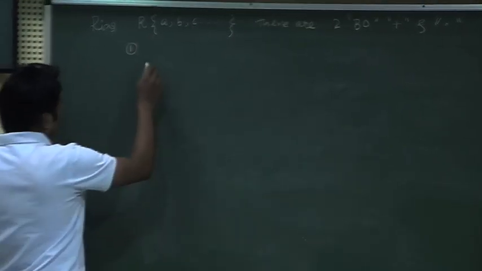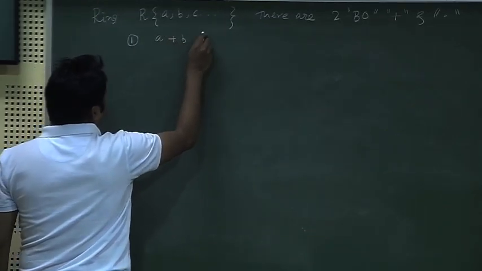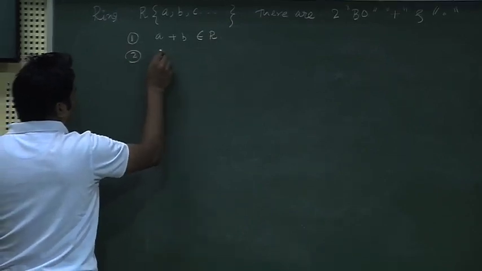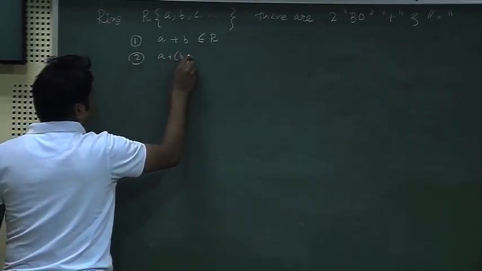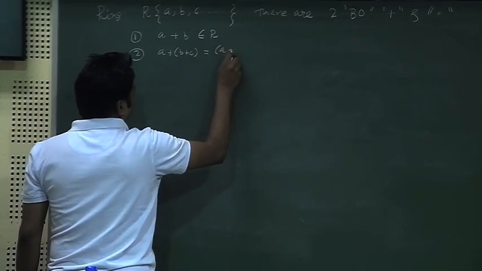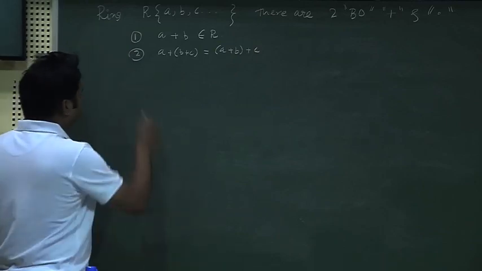The properties are: 1, a plus b belongs to R, the standard thing. 2, a plus (b plus c) is equal to (a plus b) plus c, associative.